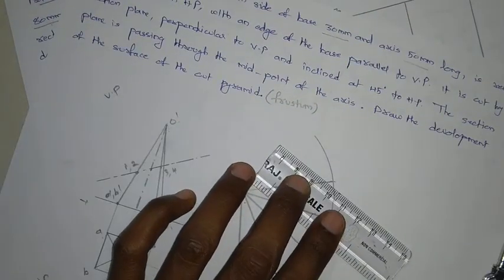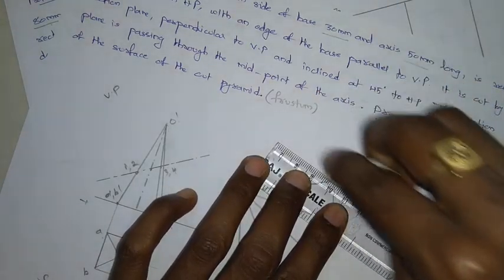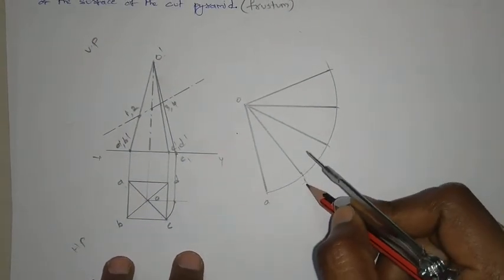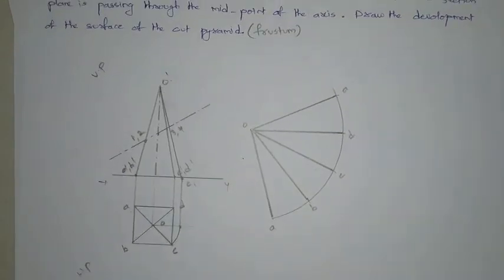You can erase the excess portion. Now this is A, this is B, C, D, and the last one is again A. Right.